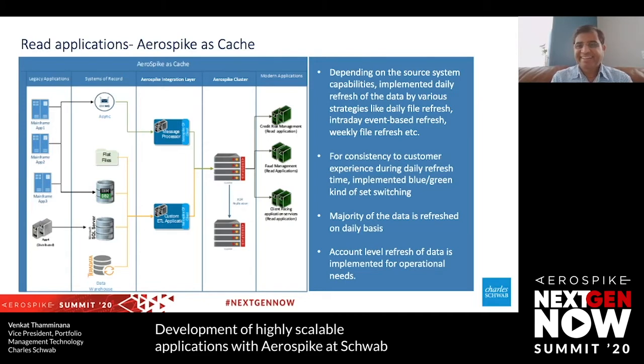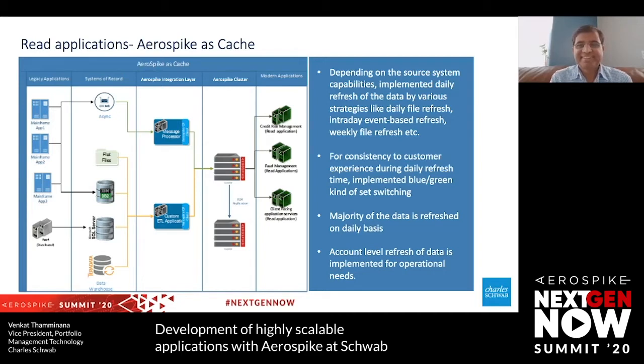And that provided us a ground where we can build any number of read applications as long as the data is in Aerospike, because the backend, the MQ processor and file processor are taking the bulk of the load to keep the data in sync.